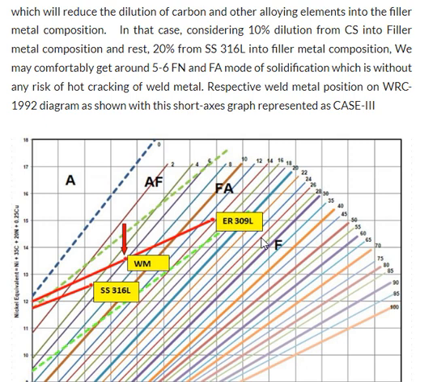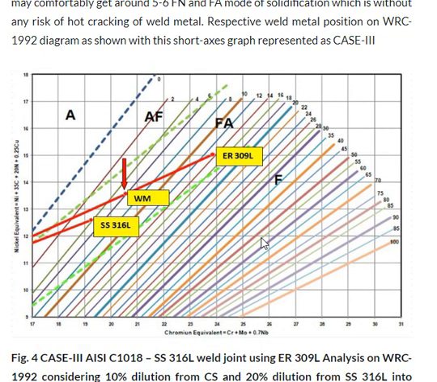And this respective weld metal composition on the WRC-1992 diagram is shown in the short axis graph as case 3. You can see the point we get here has a ferrite number around 5 to 6, because you can see here 0, 2, 4, 6. So it is between 5 and 6.